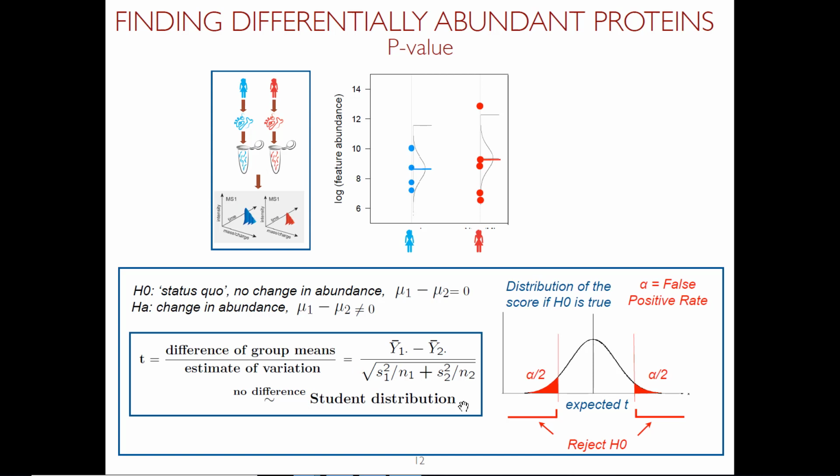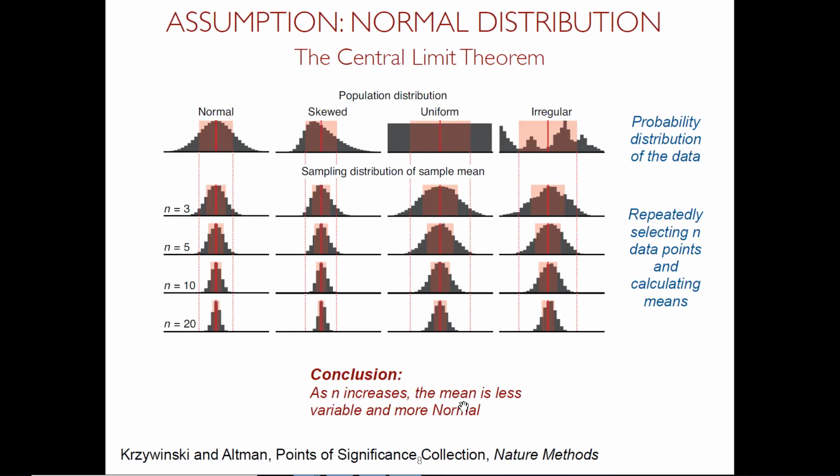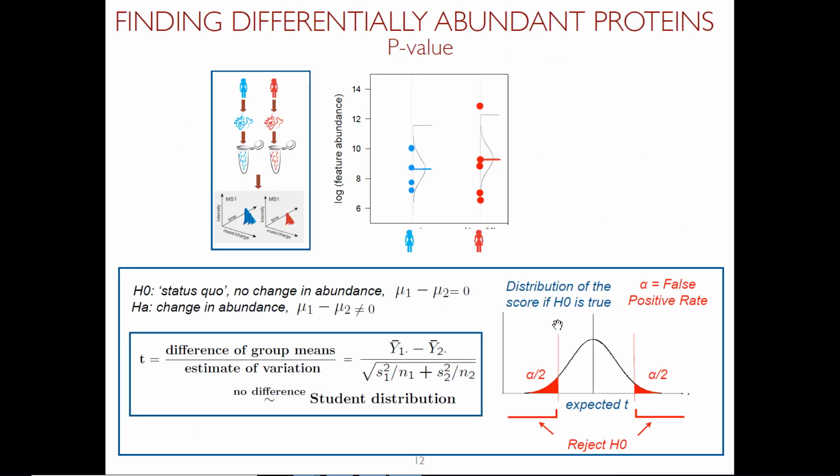But if our data start with something weird, like we had here, then we can use the central limit theorem, which says that the means are approximately normally distributed. And then we can say that this plausible range of values is approximately distributed as a normal distribution, as a bell shape. So this will be our reference.